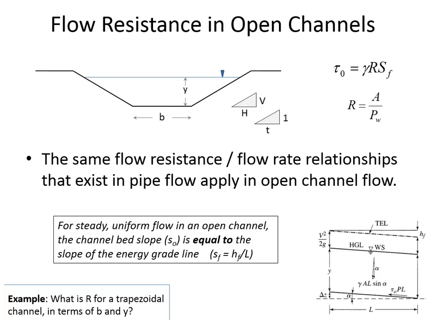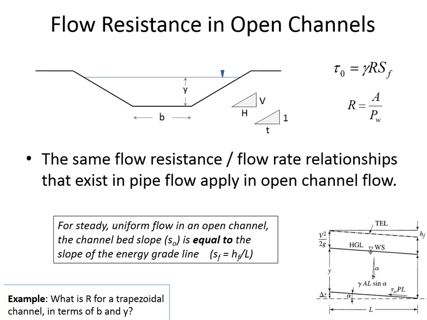And the wetted perimeter is going to be B plus two of these side lengths here. So it's going to be B plus 2 times the square root of y squared plus ty squared. And we can simplify that expression a little bit further.